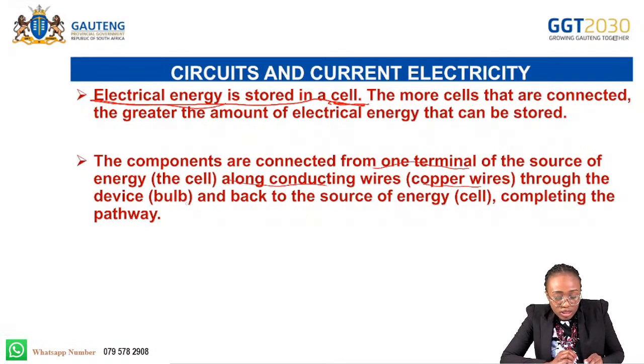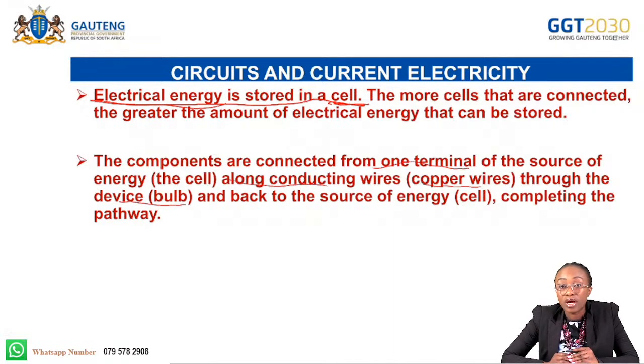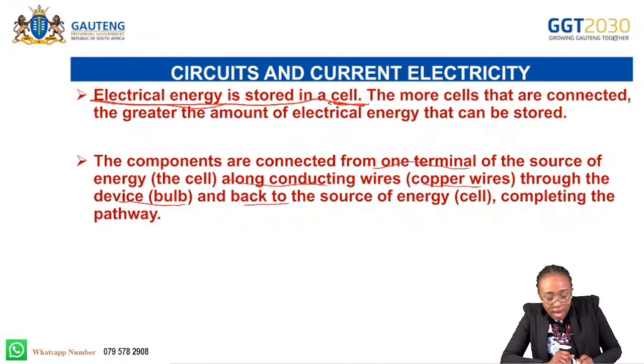And then through the device, which can be a bulb. Within the bulb, you find a filament which allows the bulb to glow or shine as well as get warm enough to produce some heat. And then we connect back to the source of energy, the cell, completing the pathway.